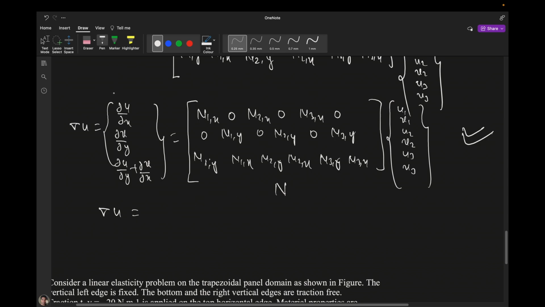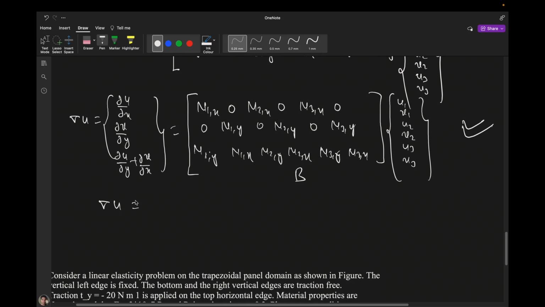If we are not representing the shape function in terms of zeta and eta, then we can use it as a B. So this is B, and we can write B times u, this time not a vector.